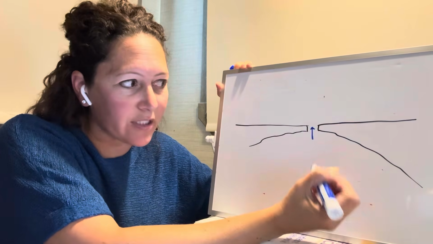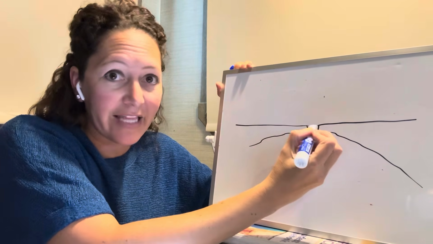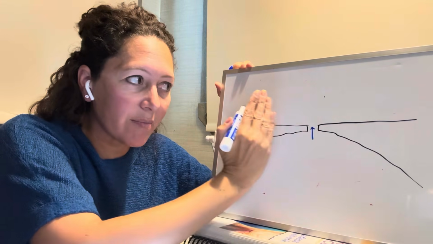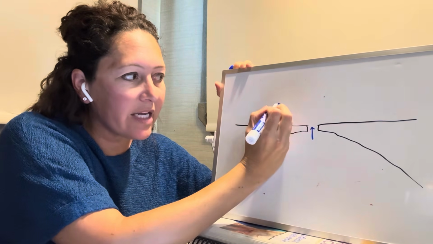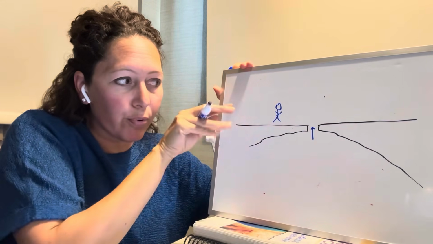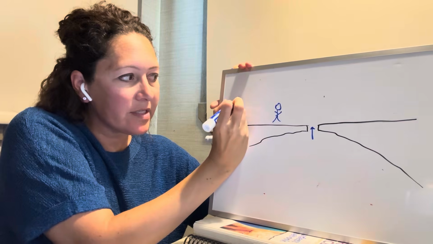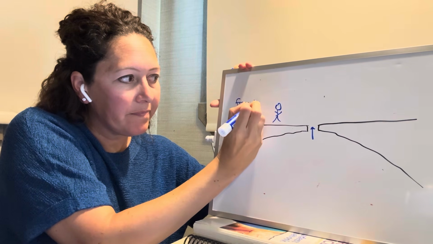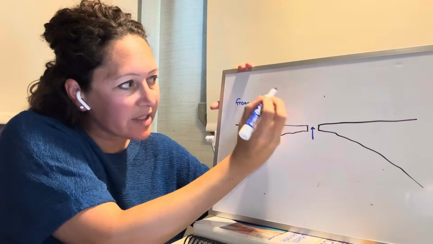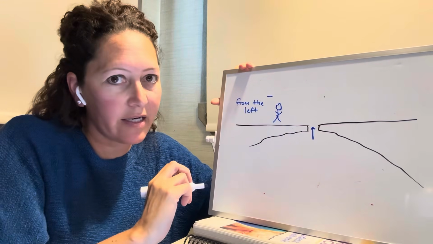Because I'm going to fall down. I don't have any land right here. So the same thing is happening with limits. We're approaching, and if I'm walking from here, I would say that I'm approaching the limit from the left. And when we approach the limit from the left, we have a little negative sign.